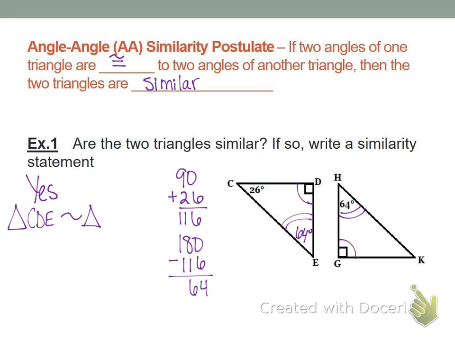So angle C would match up with angle K from the second one. D matches up with G, and E matches up with H. So we knew absolutely nothing about any of the sides, but we were still able to show that these triangles are similar.